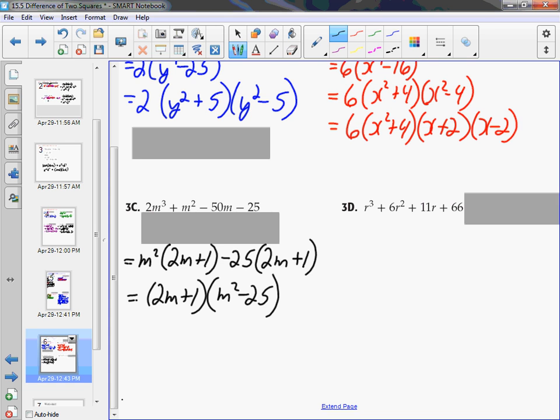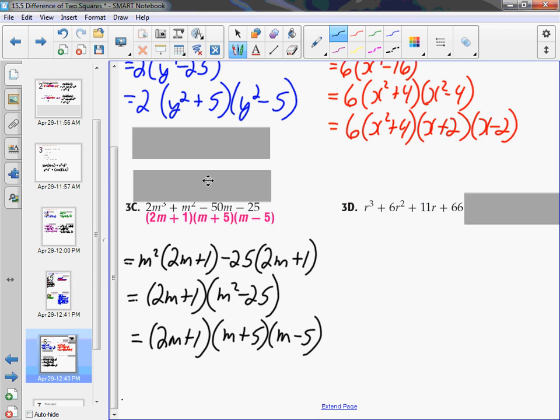Are we finished? No. Can you factor 2m plus 1? Well, then what's the factorization of m squared minus 25? Yeah, that's what they got.